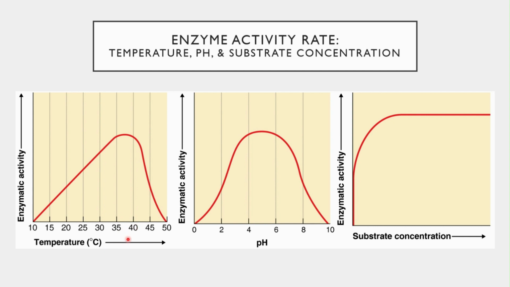This optimal temperature, in this graph specifically, lies somewhere around 37 degrees Celsius. So this is probably an enzyme that belongs either to a warm-blooded animal or maybe a microbe that lives or coexists with that animal.